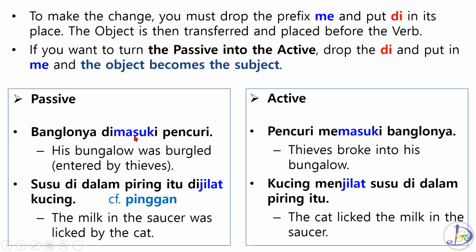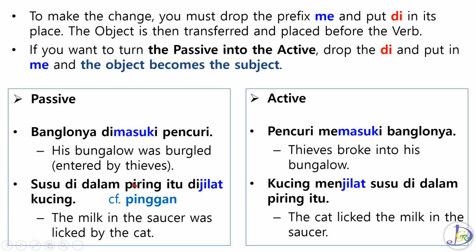For example, here is the passive sentences and here active sentences. Banglonya dimasuki pencuri. His bungalow was burglared, means entered by the thief. Active, pencuri memasuki bangalonya. Thief broke into his bungalow. Susu di dalam piring itu dijilat kucing.